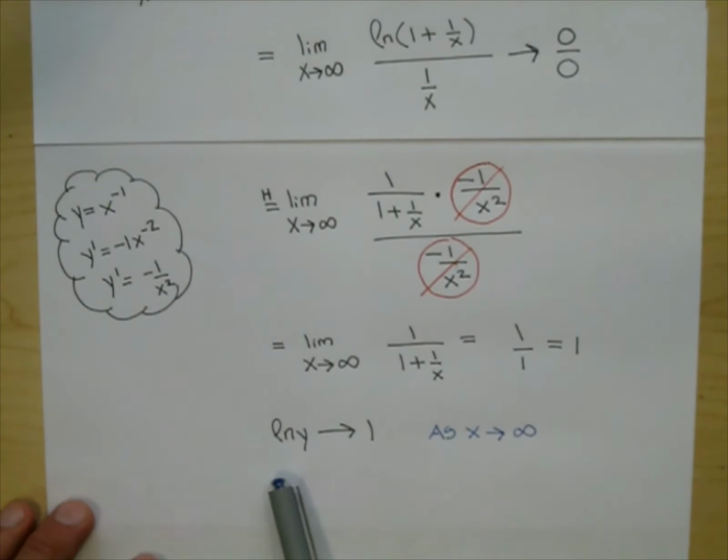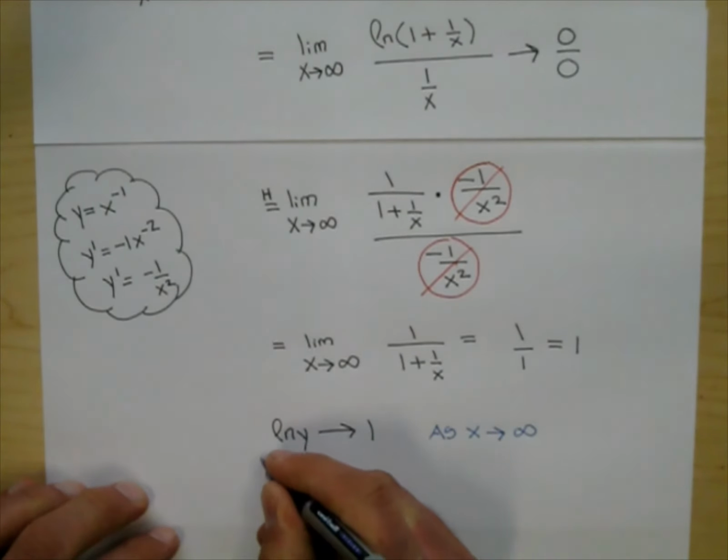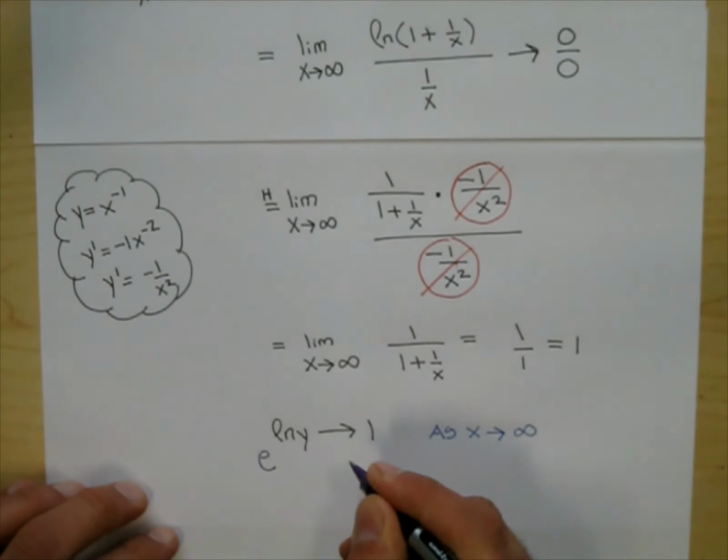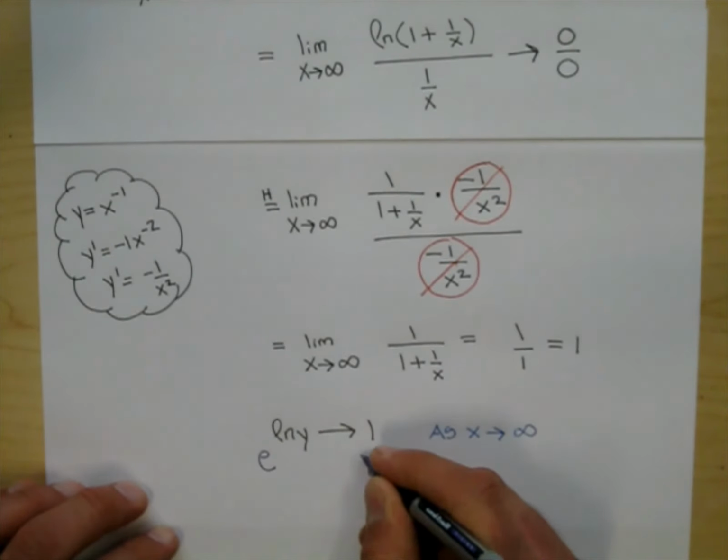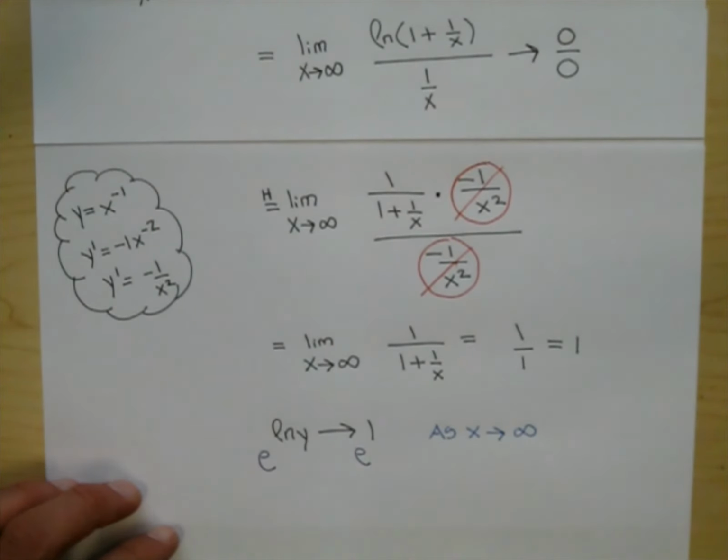So that's what we have. We're trying to find the limit as x goes to infinity of y, not ln y. So what I'm going to do is exponentiate both sides. e to the ln y approaches e to the 1. I can do that with equations, and I can also do that with this.